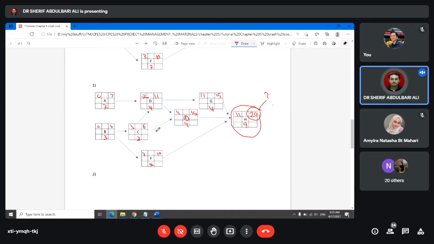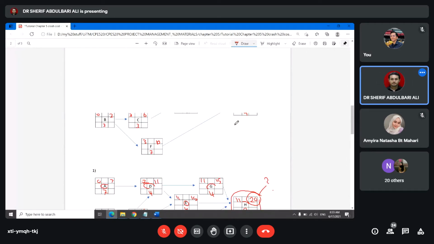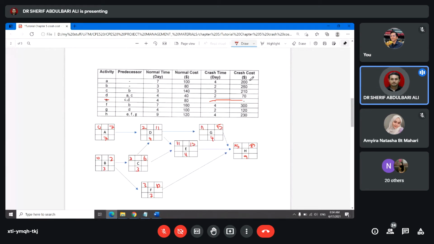So what we are looking at first is activity A and activity D, G, and H. Okay, so we will look at the table in here, and we are going to crash cost, and we start with the minimum crash cost. So since we are taking activity A or activity D and activity G and H, we are looking at the minimum cost.